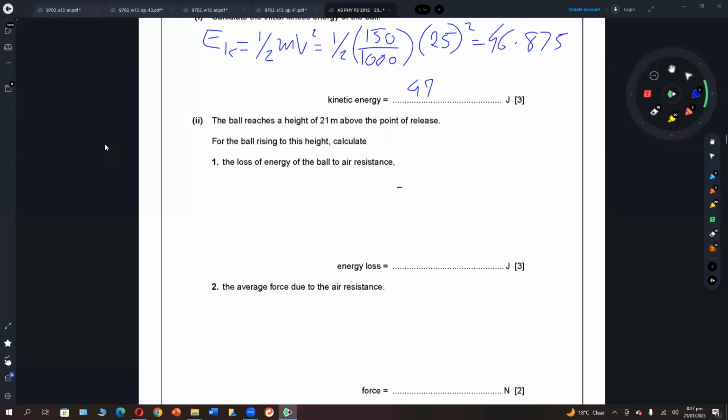The ball reaches a height of 21 meter above the point of release. For the ball rising to this height, calculate the loss of energy to air resistance. He's giving 3 marks for that.